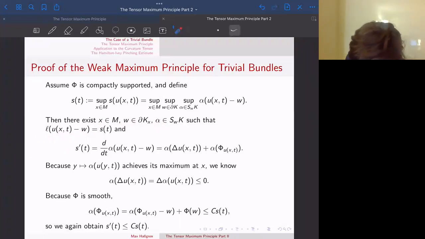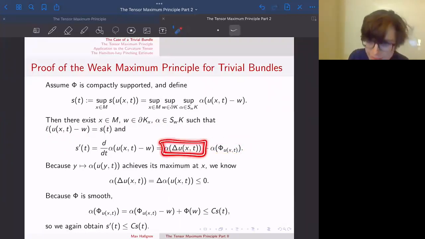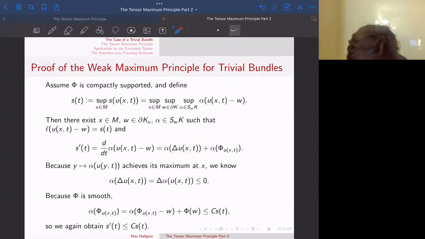And so now it remains to just estimate this. We want to estimate this similarly to the previous slide. So how we estimate this is going to be almost identical. The main difference is that we need to find a way to estimate this. In order to do that, we just note that alpha of u of y, t achieves its maximum at x because we chose x to be a spatial maximum.